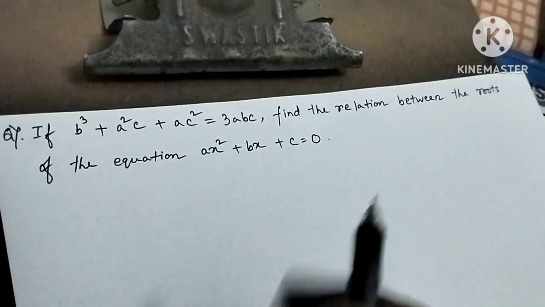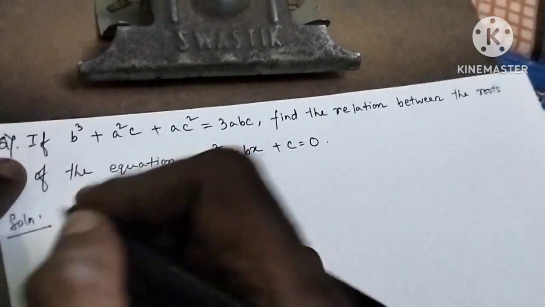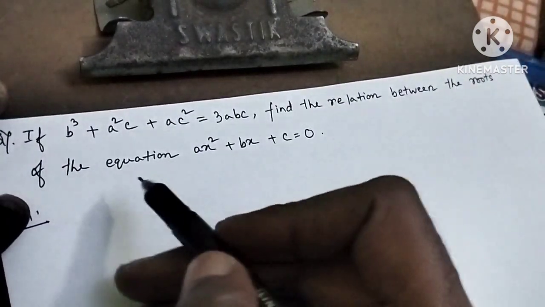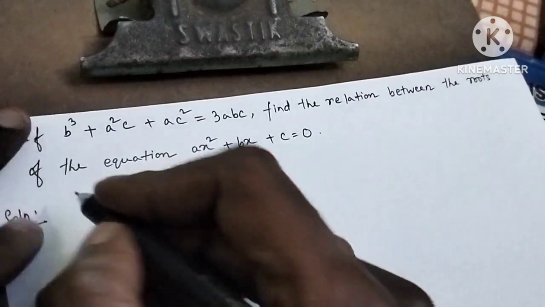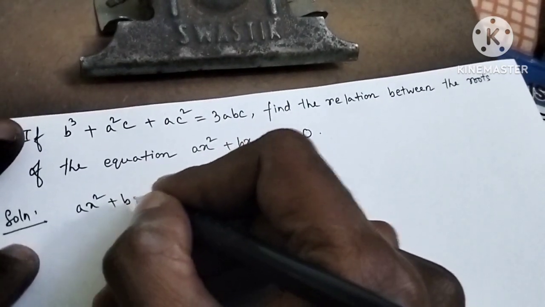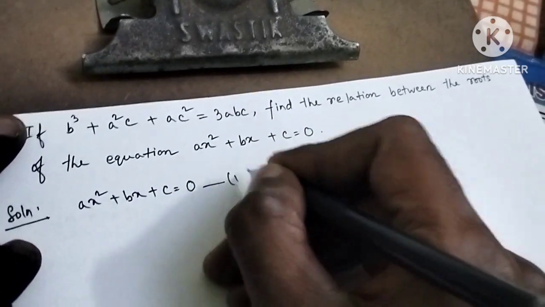Okay, now I am doing the sum. Watch it carefully. So we have to find the relation between the roots. The equation given is ax square plus bx plus c is equal to 0.